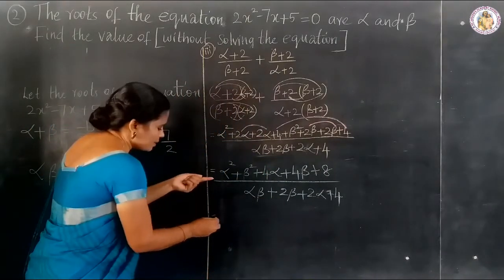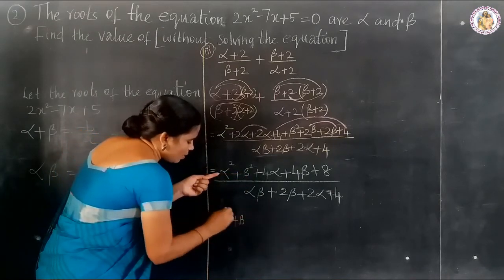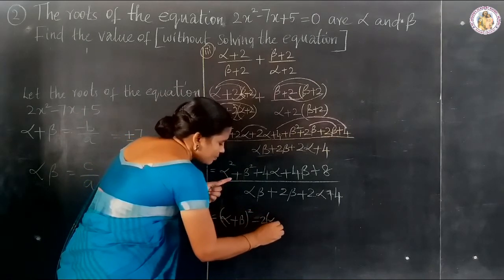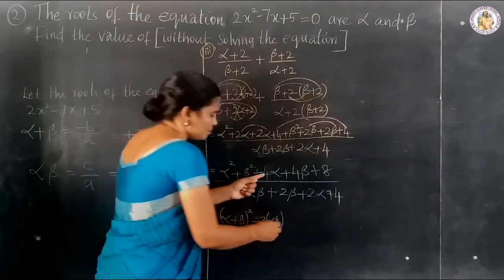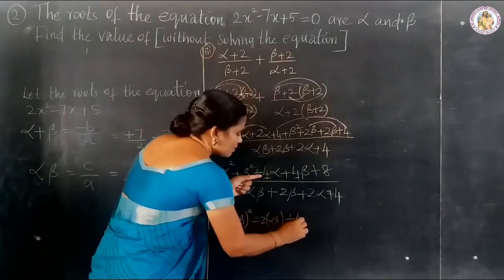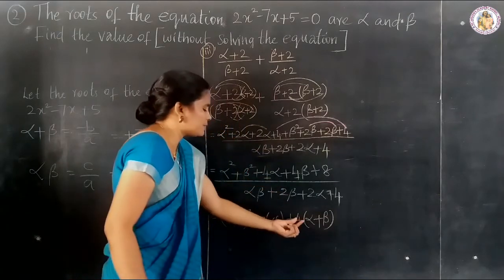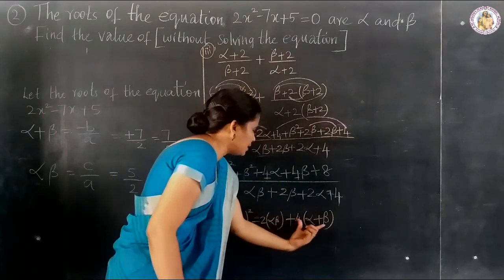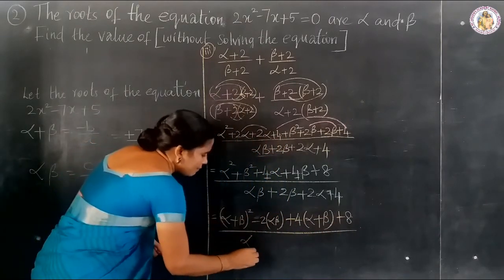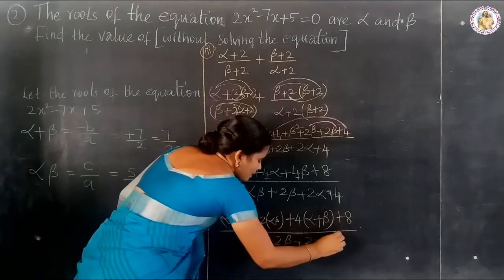The next step, as we know, alpha square plus beta square is alpha plus beta whole square minus 2 alpha beta. Plus, we have 4 common, so take 4 and within bracket write alpha plus beta, so that if you multiply you get 4 alpha, 4 beta, plus 8, divided by alpha beta plus 2 beta plus 2 alpha plus 4.